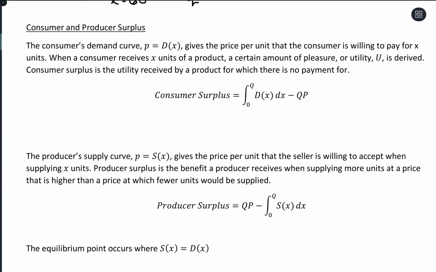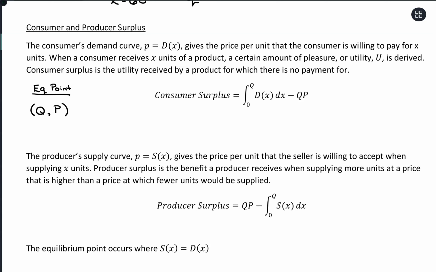When we calculate consumer surplus, we use the equilibrium point, and the notation we're going to use here is capital Q, comma, capital P for the quantity and price. Consumer surplus is based on the demand part of supply and demand. When we talk about producer surplus, that'll use supply. But for consumer surplus, we use the demand function.